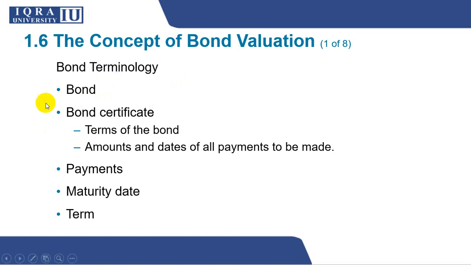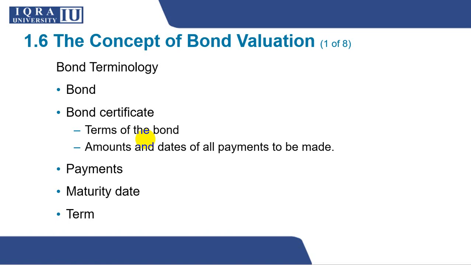Because it's a certificate, the terms of the bond are mentioned on it. When you borrow money from somebody, you have to give some interest. So there is some interest you will pay at a fixed date annually.